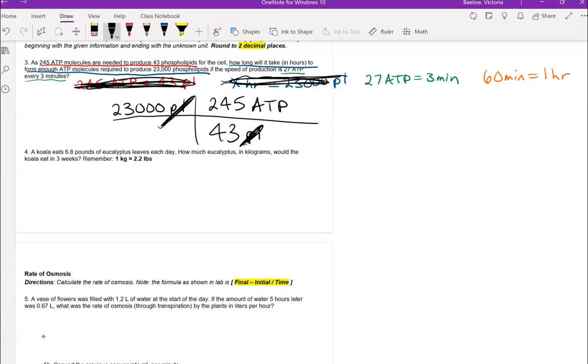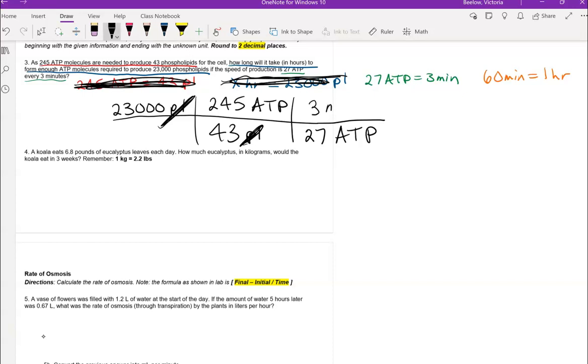But I don't want ATP for my final answer, so I have to keep going. And again, I'm going to repeat the same process. If I see the units ATP here, I'm going to write the units ATP in the bottom. Well, I can see here 27 ATP, that number with that unit, and that is equal to 3 minutes.